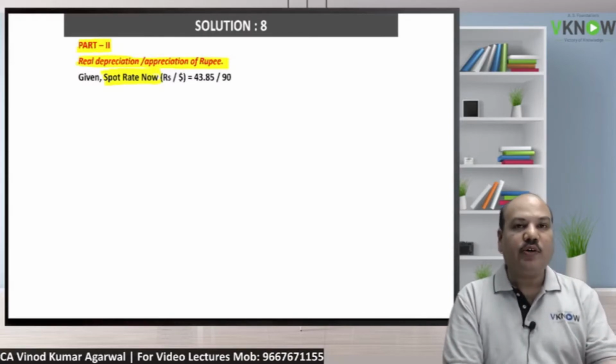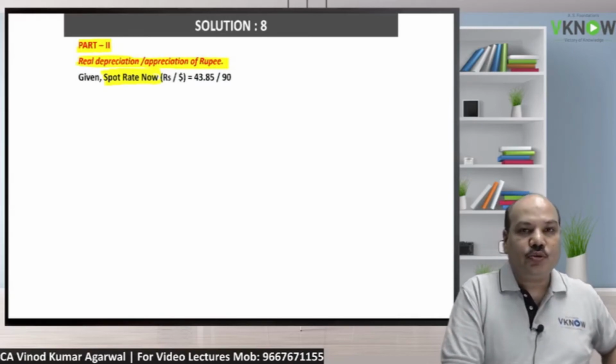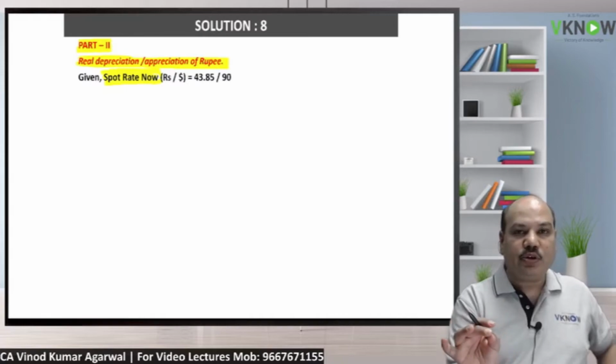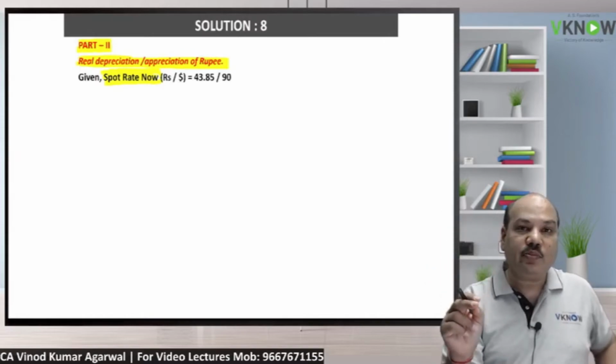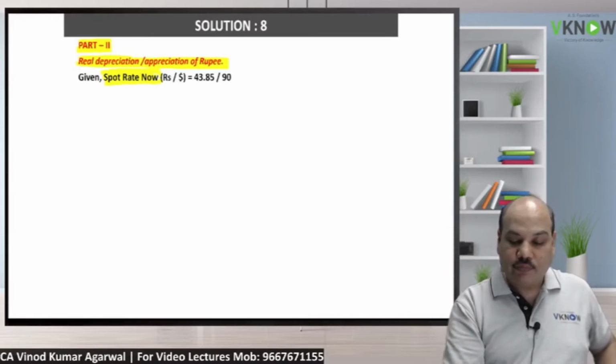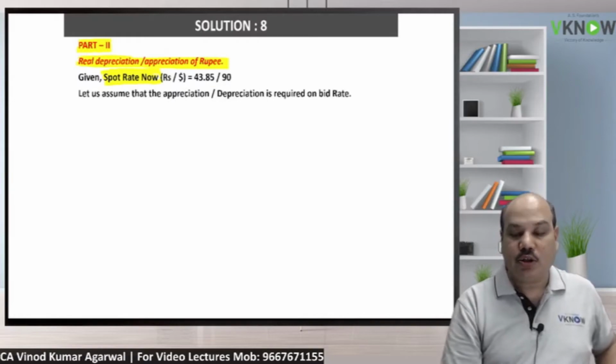So a good student will note down so that he will understand the logic also. You are given in the question spot rate now. Now means after 1 year from the date of investment, rupees per dollar, 43.85 buying rate and 43.90 selling rate.